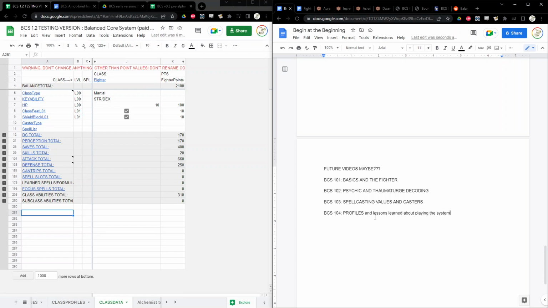Not just custom classes, but just making your characters. This helps you see how the developers value parts of the system, and why this class gets this or why this class gets that. So I want to make a video going over some of those things.